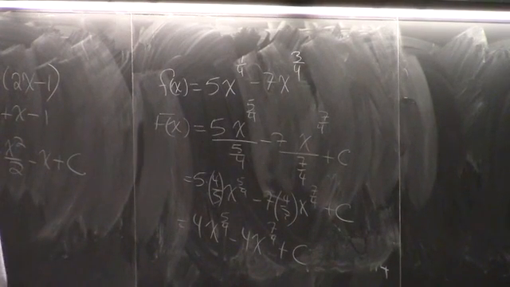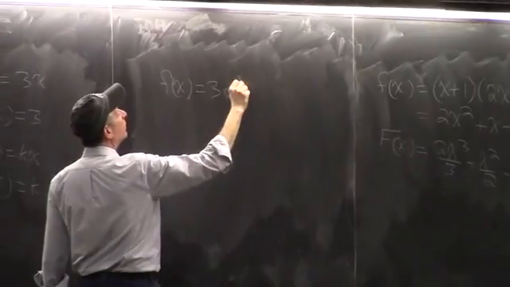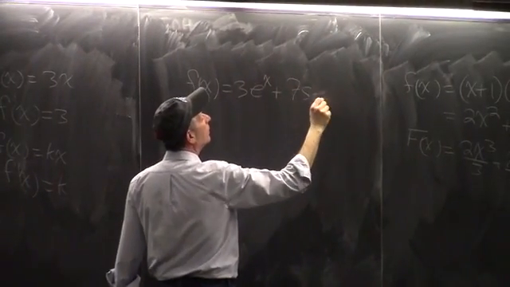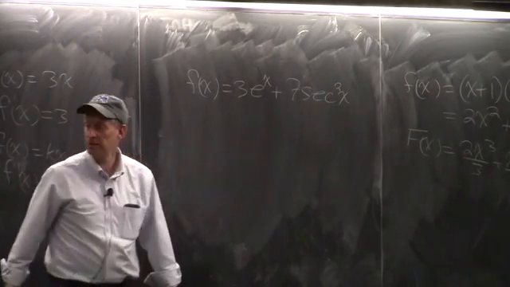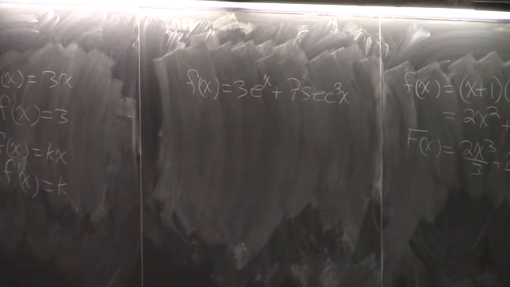What if you had f equals 3e to the x plus 7 secant squared x? Well, the derivative of what is secant squared? Tangent.